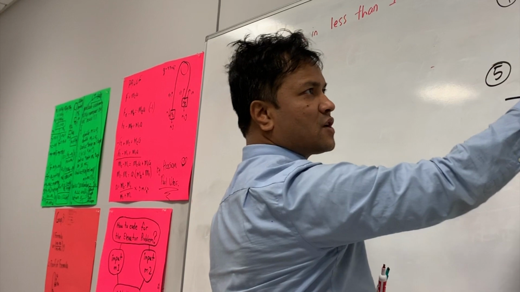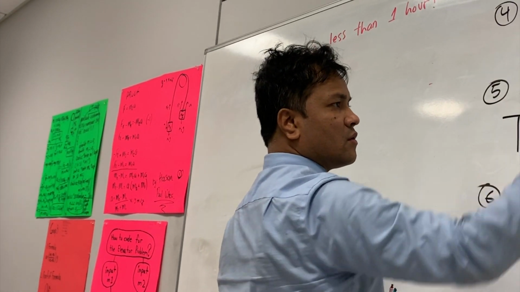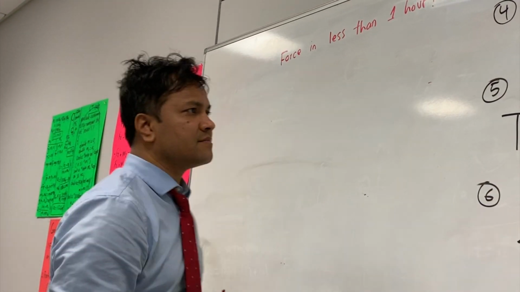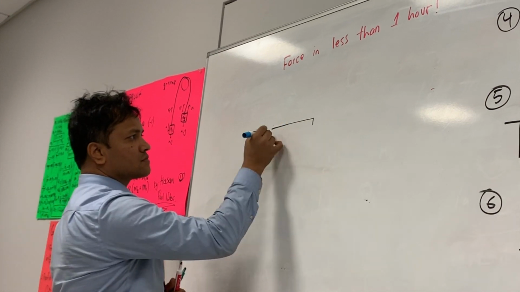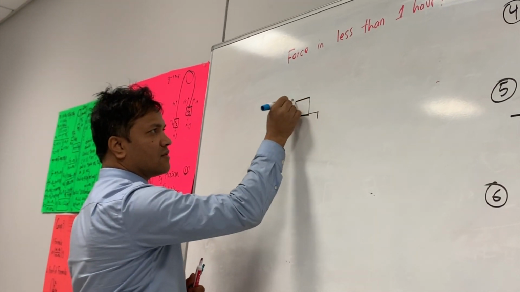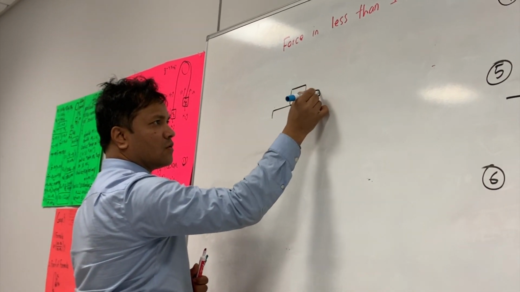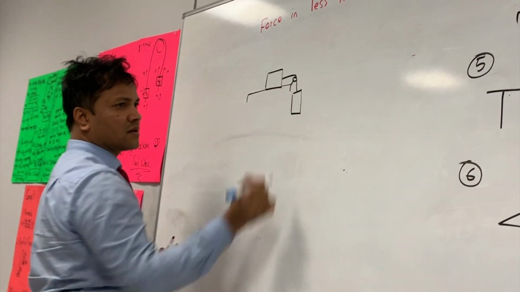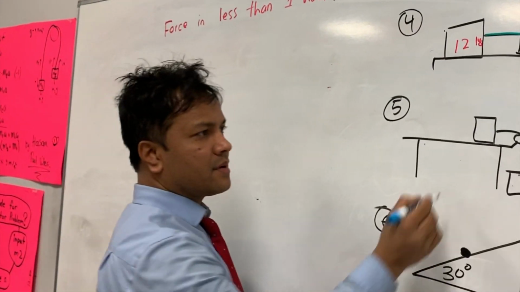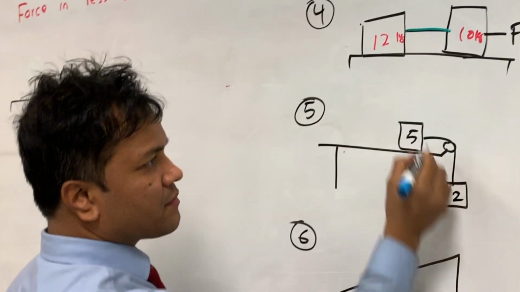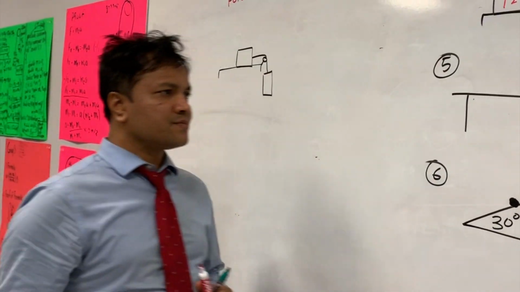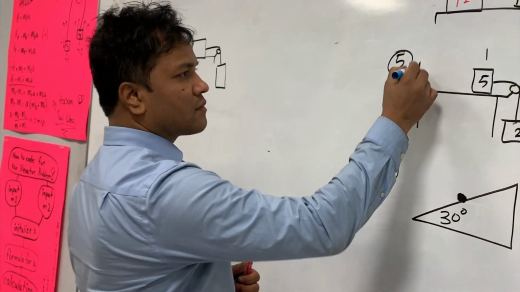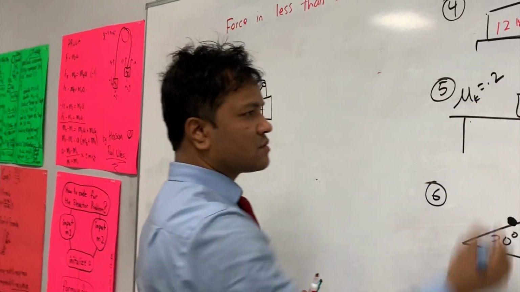Here, 2 boxes, both sitting on the table. Here, 1 box sitting on the table, 1 box hanging. Let's make it 5 kilogram and 2 kilogram, box number 1, box number 2. Let's put friction. Mu k is equal to 0.2.